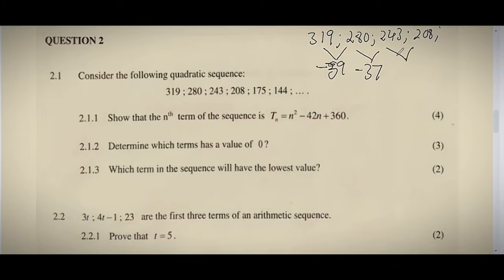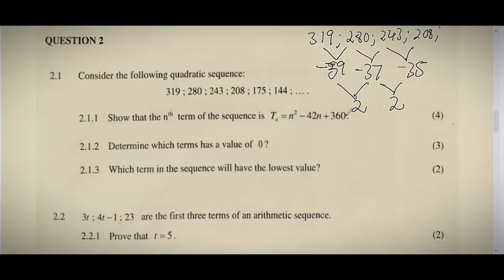And then 208 minus 243 gives me negative 35, right? Then from this, we can see that our second difference will just be positive 2. So negative 37 minus negative 39 is positive 2, and negative 35 minus negative 37 is positive 2, right?